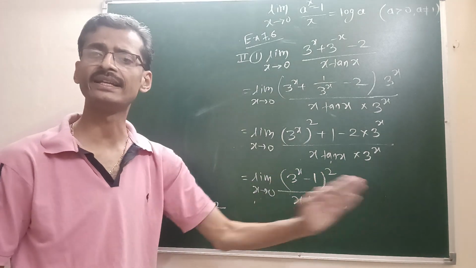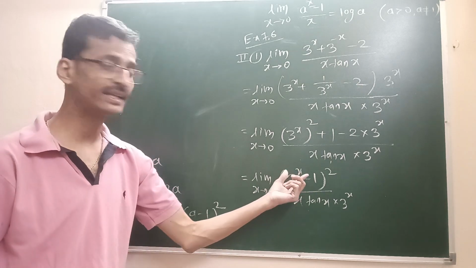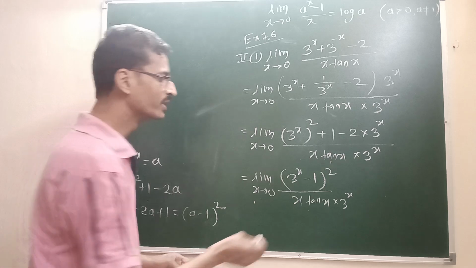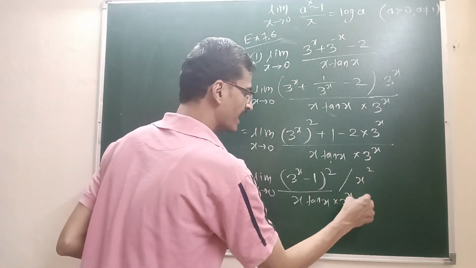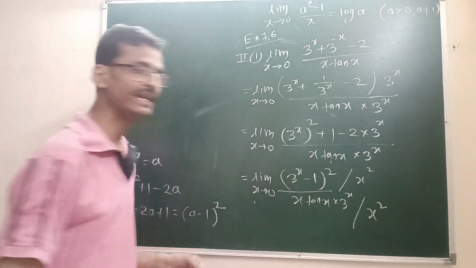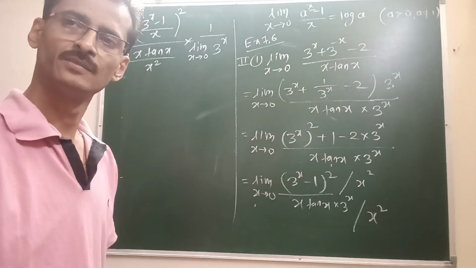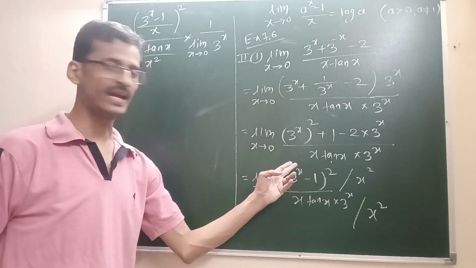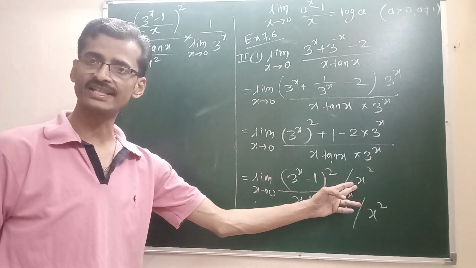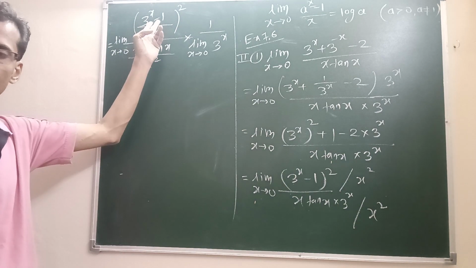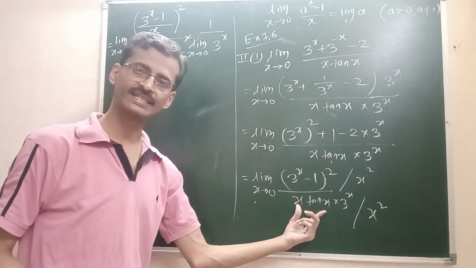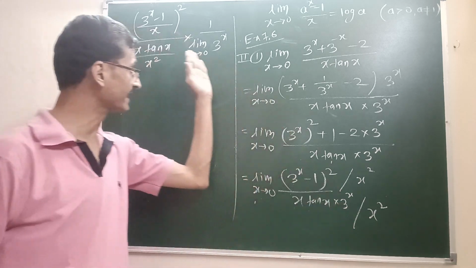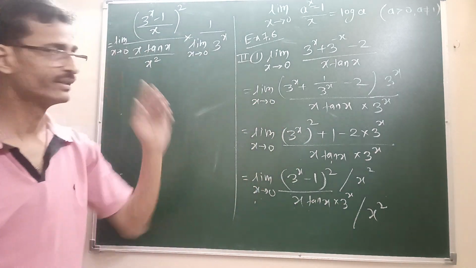So we can write the limits separately. Now in numerator and denominator we want the same upon x square, so divide numerator and denominator by x square. As square is there, we can write 3 raised to x minus 1 upon x whole square. Now with this x tan x, write this upon x square, and write this 3 raised to x separately with a separate limit.